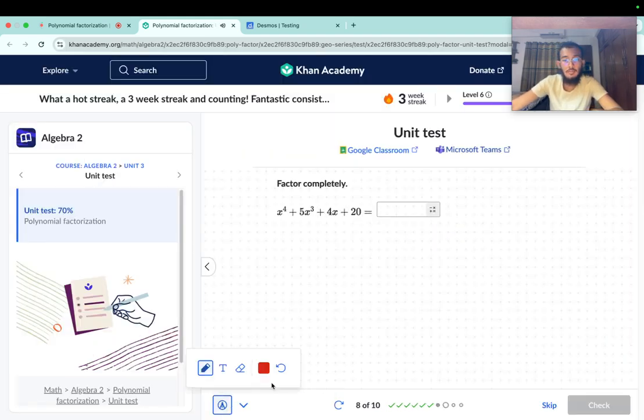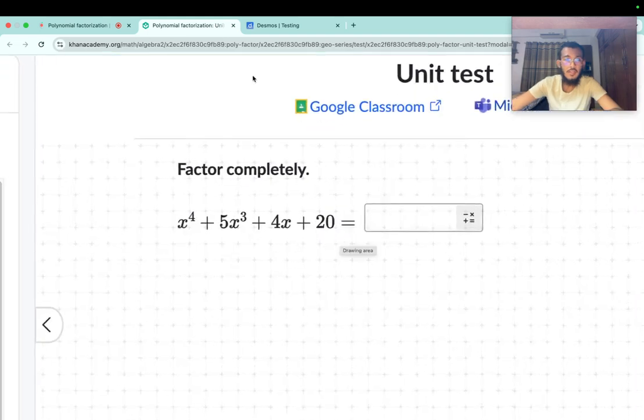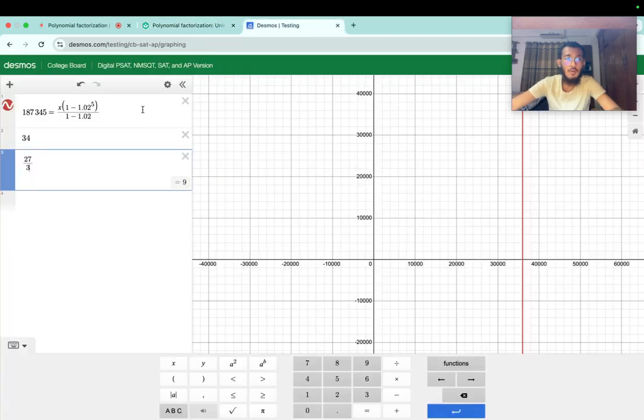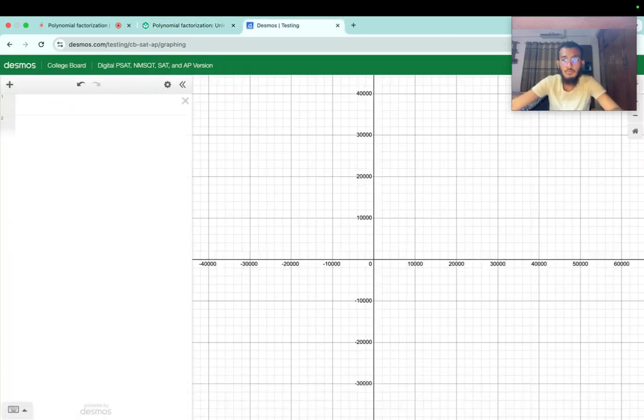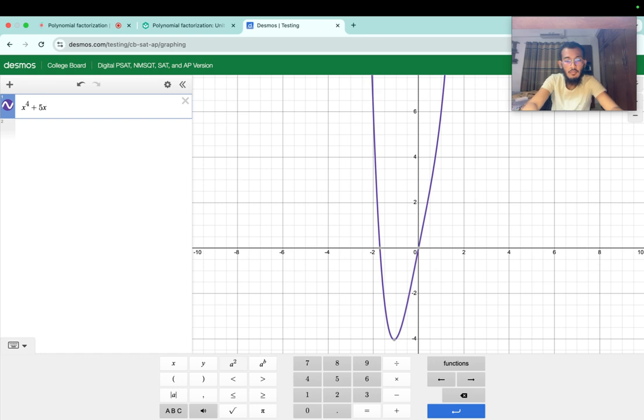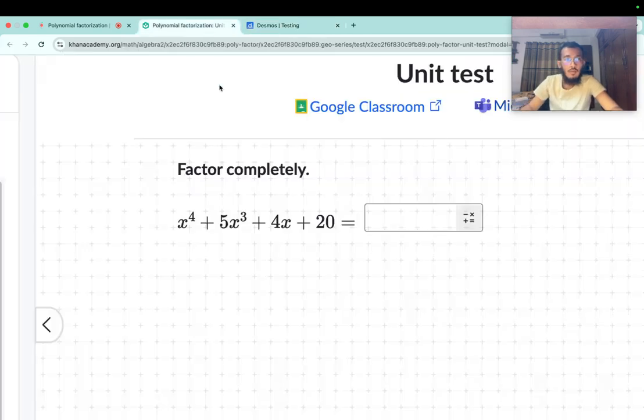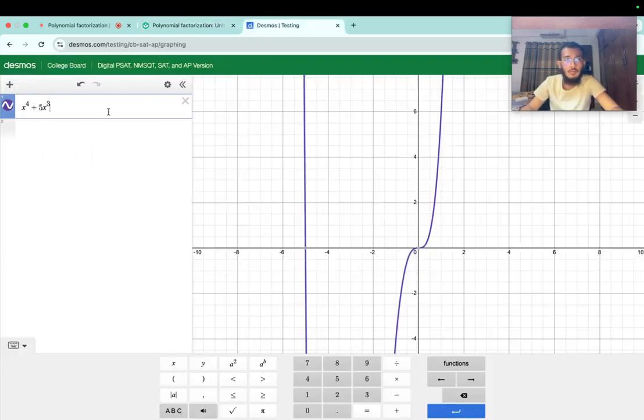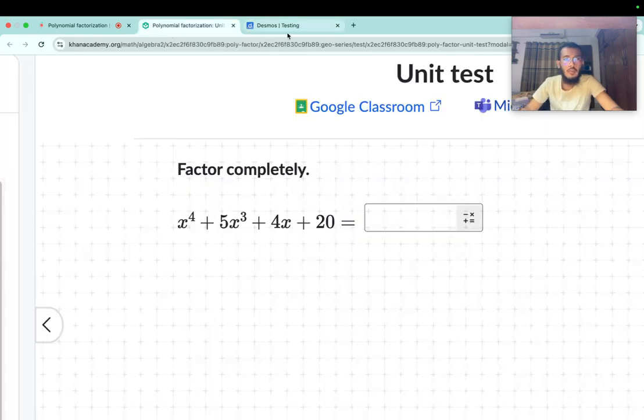Alright. We have to factor this completely. x to the power 4 plus 5x cubed plus 4x plus 20.